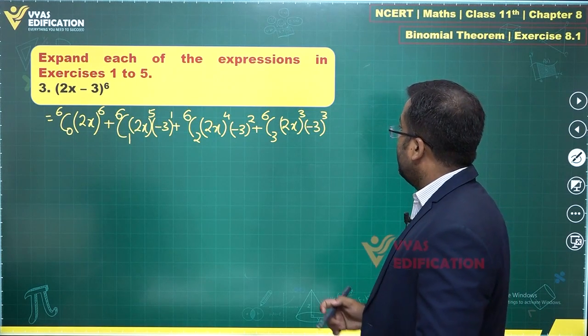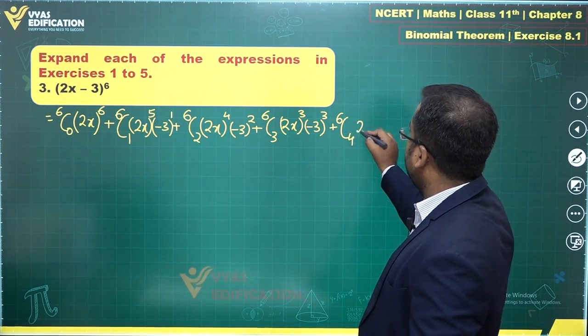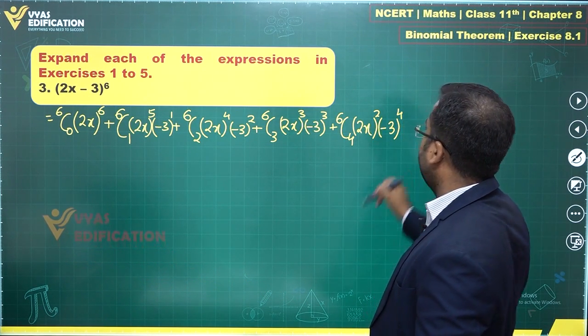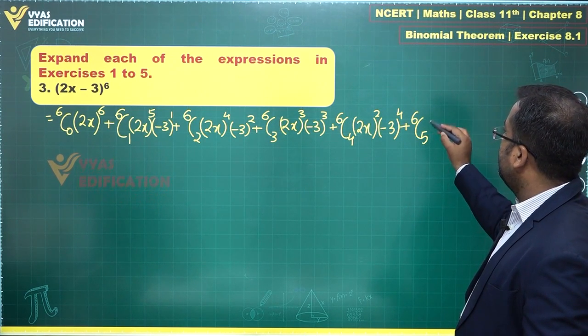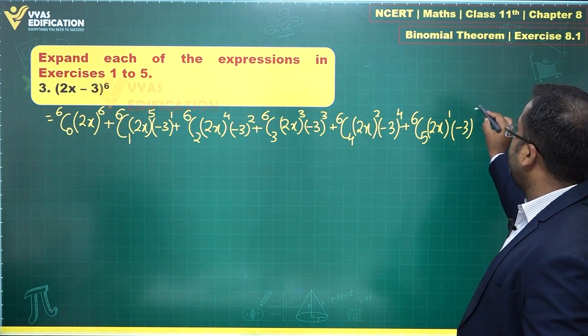Next, plus 6c4, then you have 2x power 2 minus 3 power 4. This is what you get. Next term 6c5, 2x power 1 minus 3 power 5.